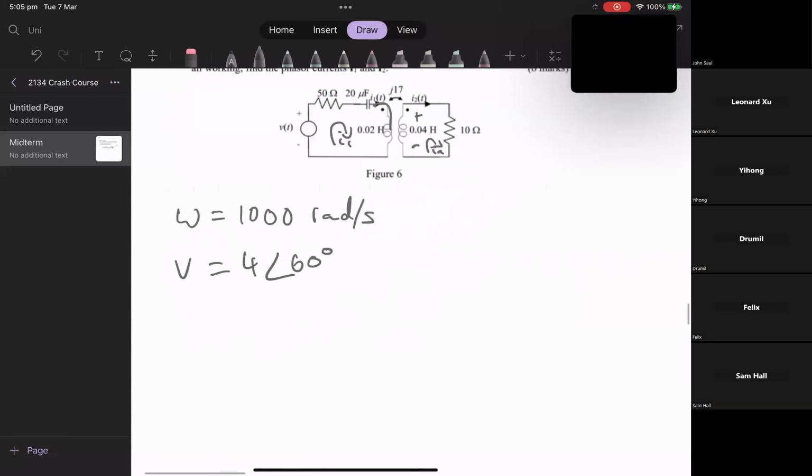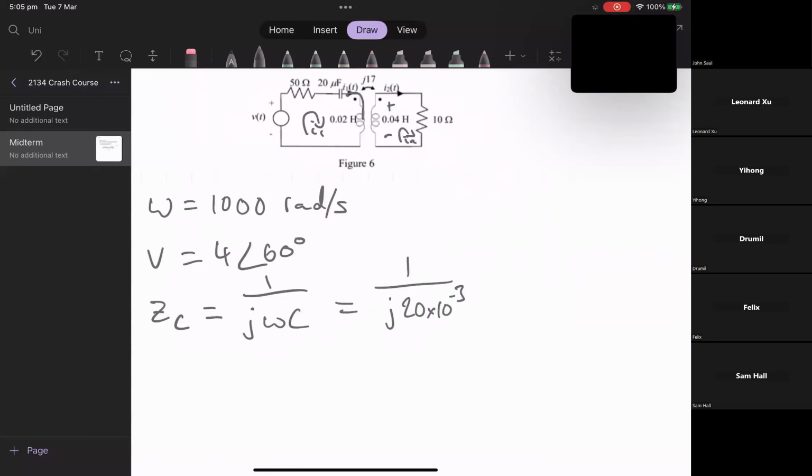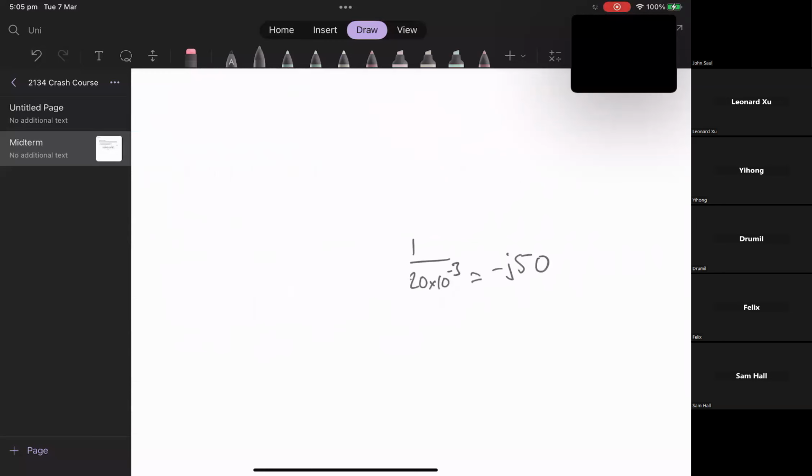Now we can move on to our Z capacitor. That is negative j50.